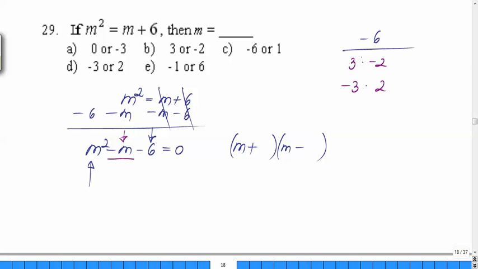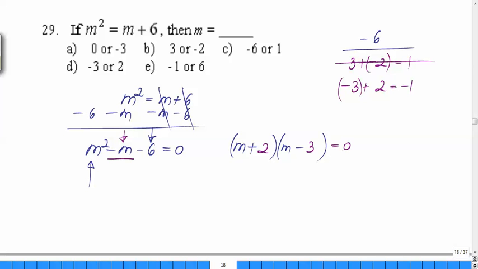Now I'm checking which one of these two pairs, if you add the numbers, you get negative 1. Well, 3 plus negative 2 is 1. I need negative 1. Negative 3 plus 2, that is negative 1. And this is the answer here. So I will have m plus 2 and m minus 3 equals 0.